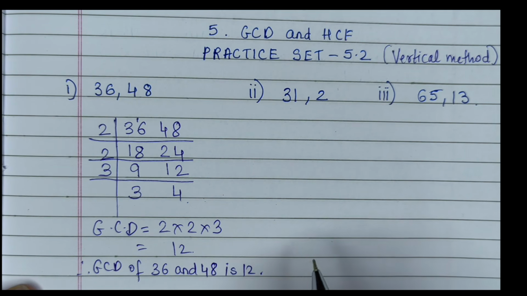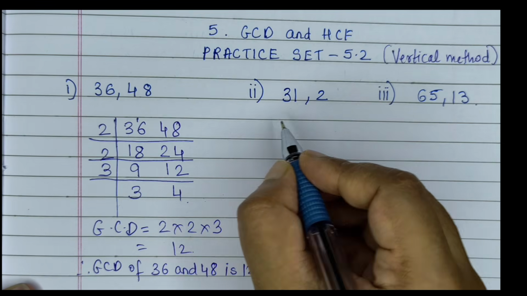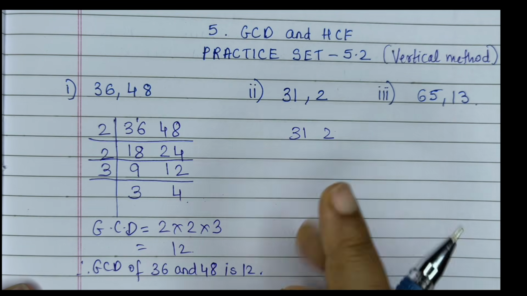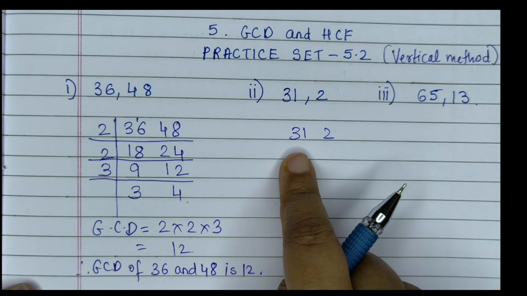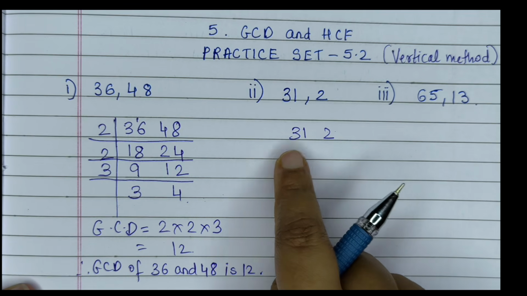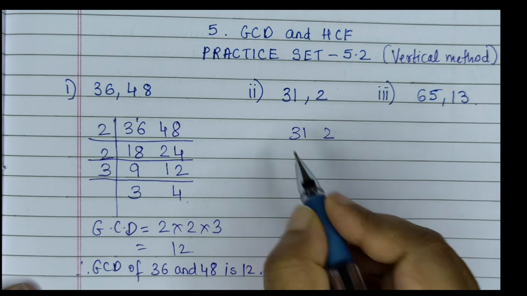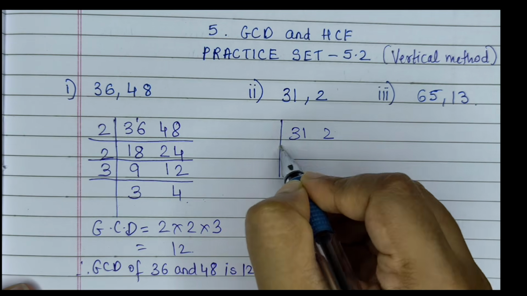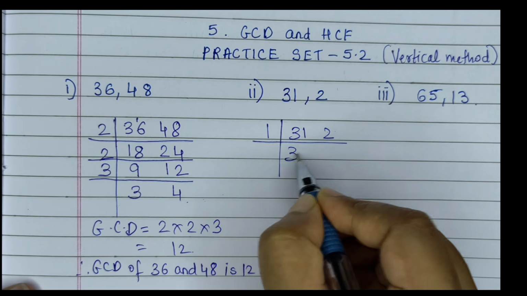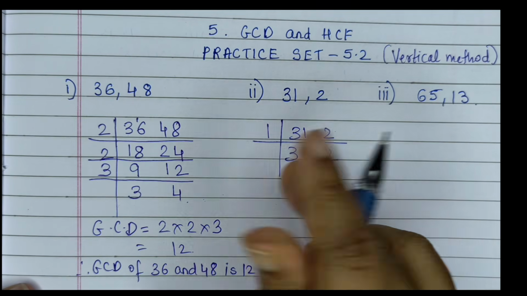Now see the next one, 31 and 2. You know that 31 is a prime number which doesn't go in any table. It has only 1 and the number itself. Same way 2 also, only 1 and the number itself. That means no table is going to go in that. So we take the 1 times table. 1 31 is 31 and 1 2 is 2, the same number itself.